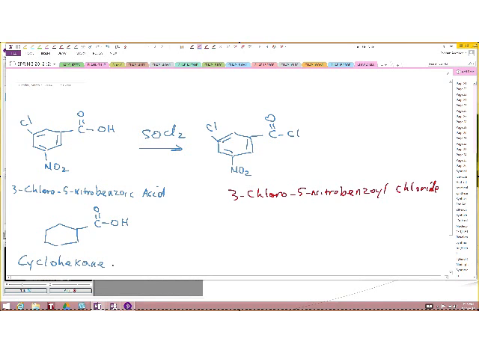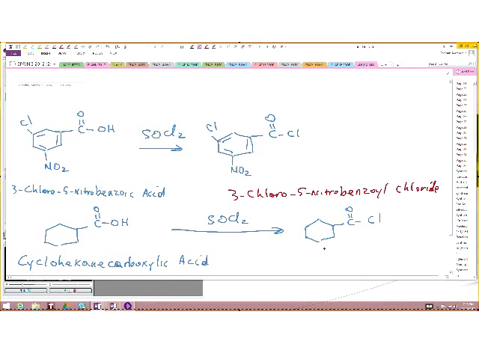That will be cyclohexane carboxylic acid, one word. If you take this and make the acid chloride, this is a slight departure from the rule we've just given you.